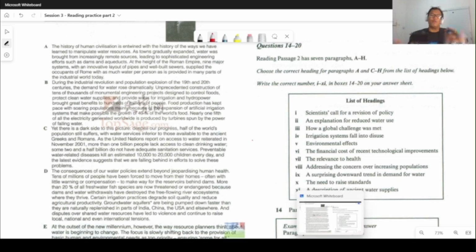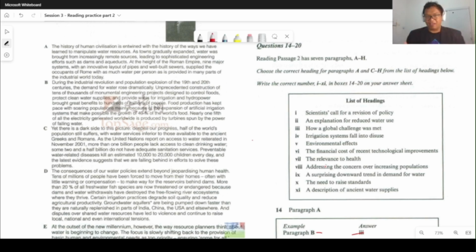So we're going to check whether that is actually correct or not, or more specifically, to assure us that that is the correct answer. And then after that, we're going to implement the same thing to find the answer to the next question, which is question 14. All right, so let's start immediately.